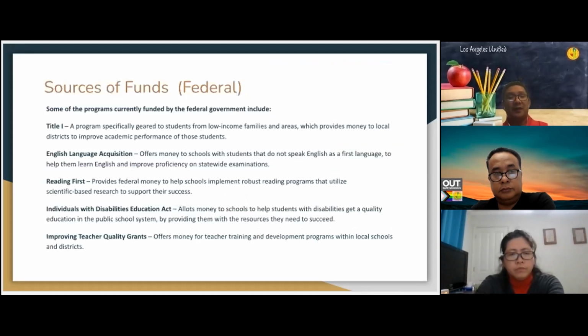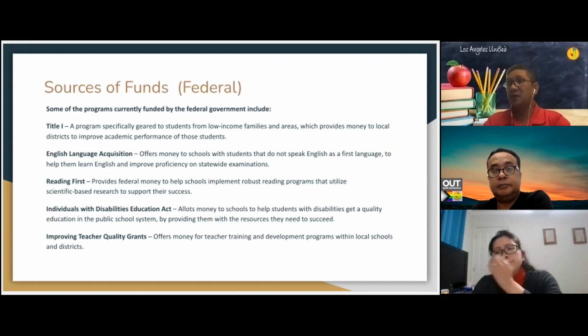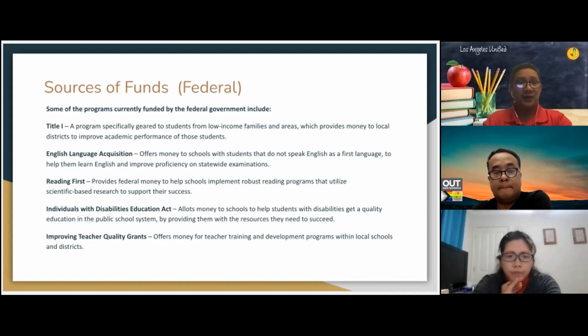As I mentioned, federal funding is focused on specific programs. These are samples of the federal programs.